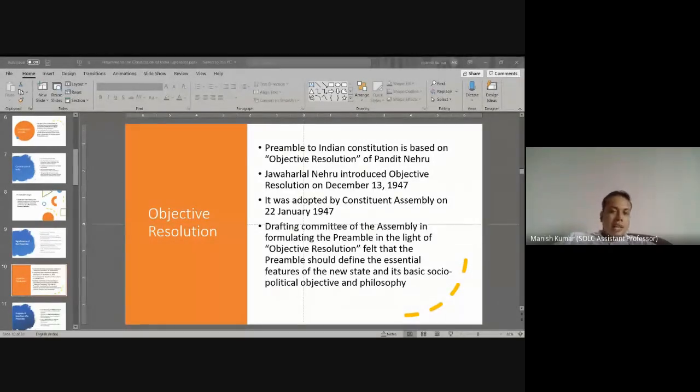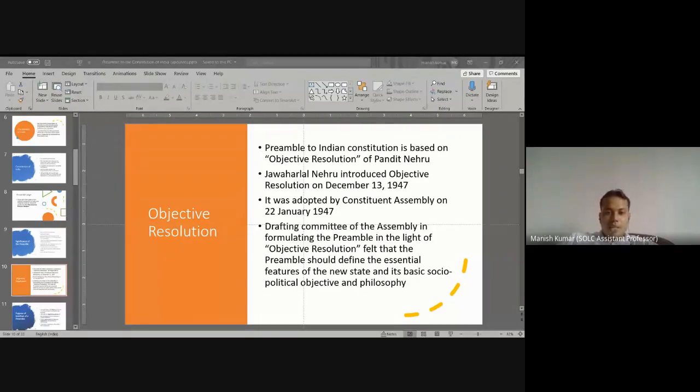Pandit Jawaharlal Nehru introduced the Objective Resolution on 13th December 1947, and it was adopted by the Constituent Assembly on 22nd January 1947. Many times the question comes: who moved the Objective Resolution? It was moved by Pandit Jawaharlal Nehru.